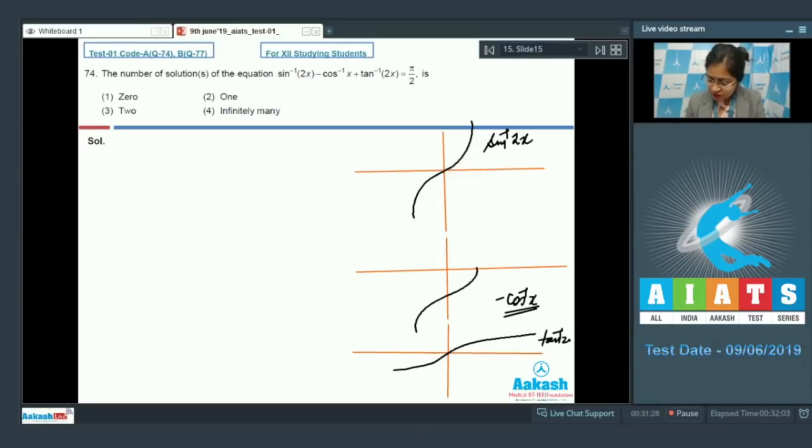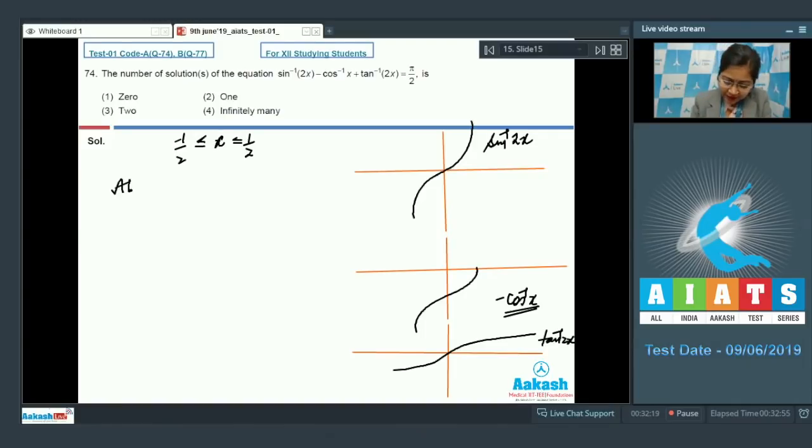Firstly, finding the domain of the function. We know that 2x will go from minus 1 to 1, which means that x will go from minus half to half. So this is the domain of the function. If we add all these three functions, we can see that the minimum value will be obtained at x equal to minus half and the maximum value at x equal to half.